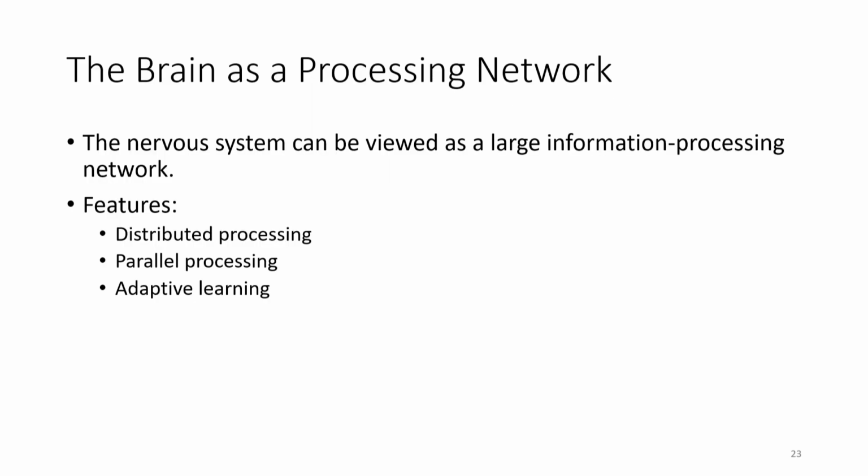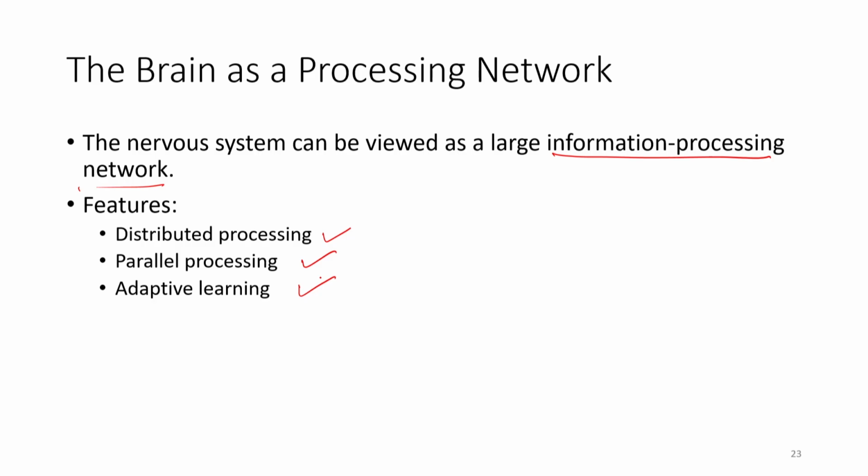So, the brain works as a processing network. The nervous system can be viewed as a large information processing network. The key features of this processing network are that it has distributed processing, it also involves parallel processing and adaptive learning. So, processing is not necessarily all centralized.